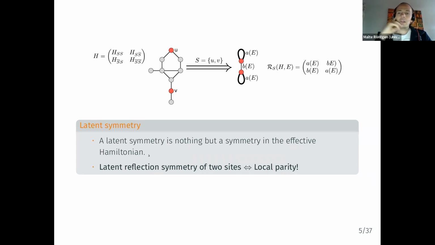So in other words, we started from something ugly, which has some nice property, namely parity. We did this effective Hamiltonian. The system description became more complicated due to the fact that our system here now is energy dependent. But on the other hand, it allowed us to detect something which was otherwise hidden from our vision.